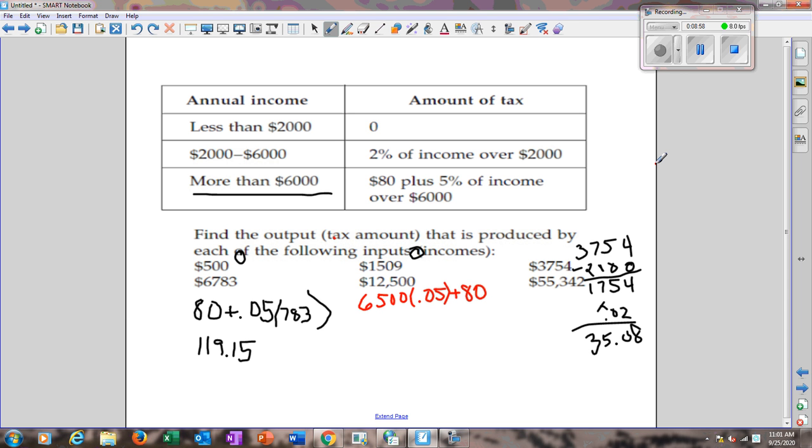That gives you 405. So that's the amount of tax we would have to pay on that.